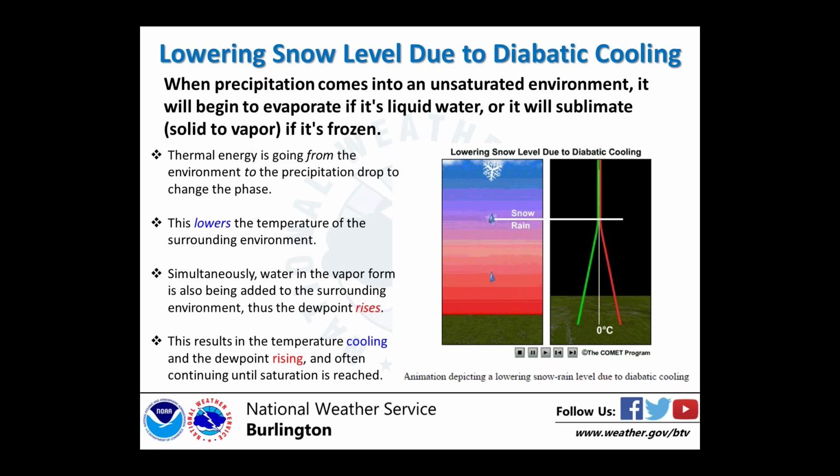Therefore, the temperature of the environment cools and the dew point rises, which causes the environment to become saturated, and eventually can lead to snow that was occurring, or will eventually lead from rain changing to snow in the same area.